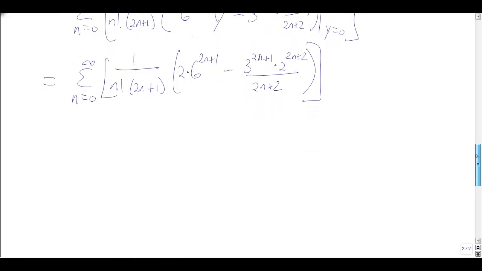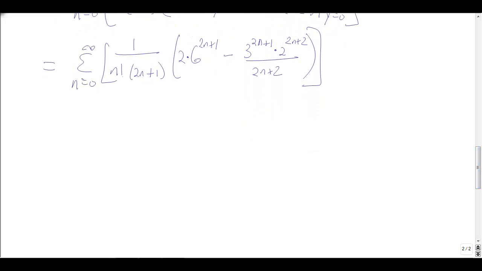Okay, now we need to simplify this down. We'd like to get an answer that doesn't have the series in it. So what we get, the summation n equals 0 to infinity. What I'm going to do, with the 2n plus 1, I'm going to multiply through by 2n plus 2 to cancel out this denominator. So I'm going to get a 2n plus 2 in the denominator. And then I'm going to multiply through by a 2n plus 2 within the parentheses.